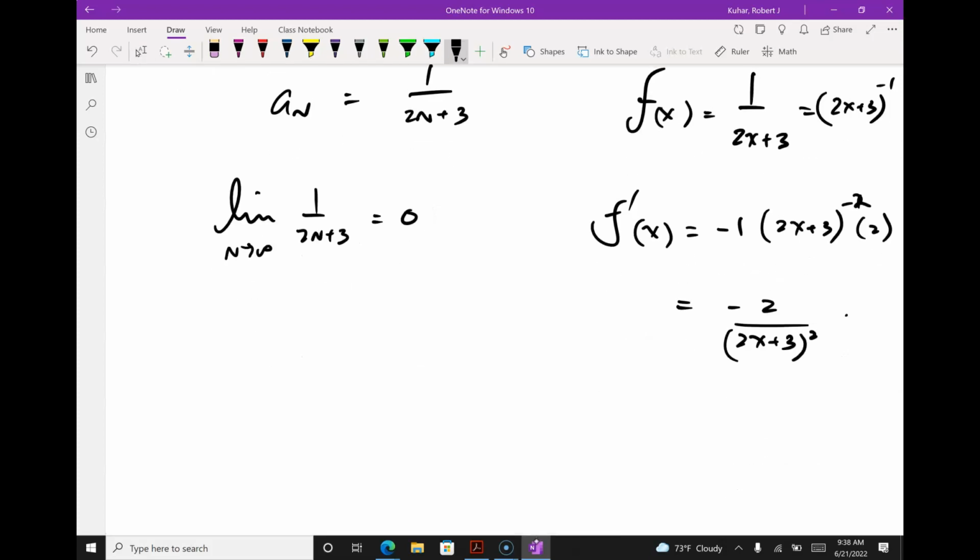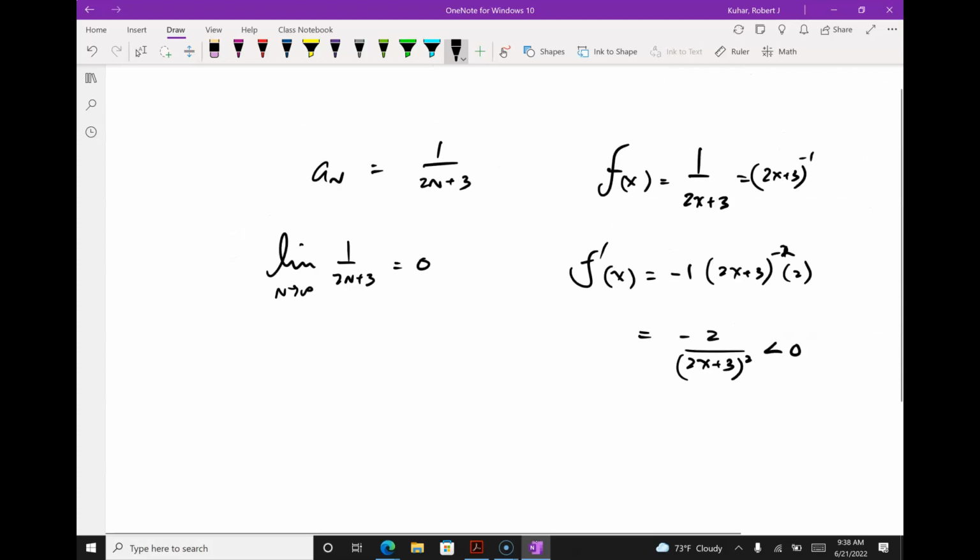And notice that that is always less than 0. Right? Always less than 0. We got to be thinking of our domain, though, certainly, because I would be in trouble if x was negative 3 halves, right? But remember, we're talking about the integers. We're talking about our 1, 2, 3, 4, so I'm not worried about that piece.